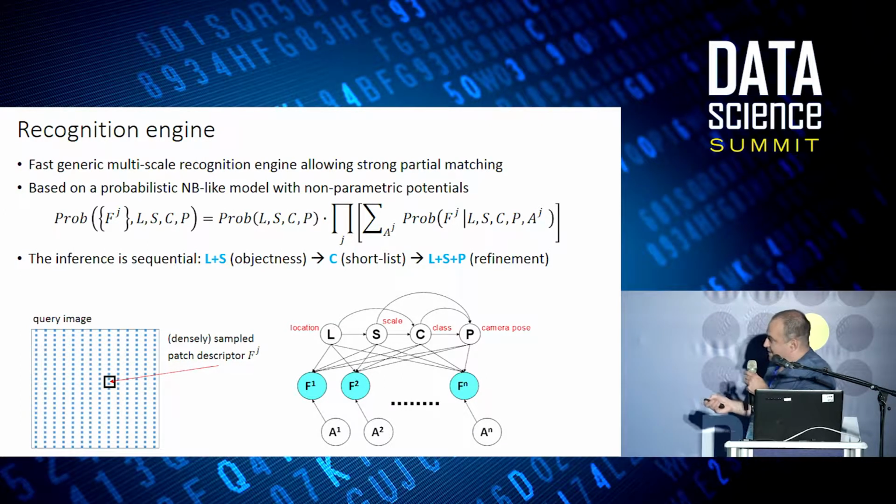The query image is sampled by a dense descriptor. It could be a classical descriptor, like I said. It could be a neural network which computes its feature vectors on a certain level, in the regular grid way, as a network usually does: it slides a window, the receptive field, on top of the image.